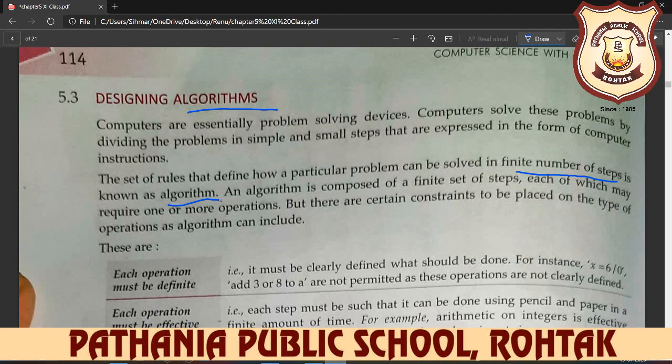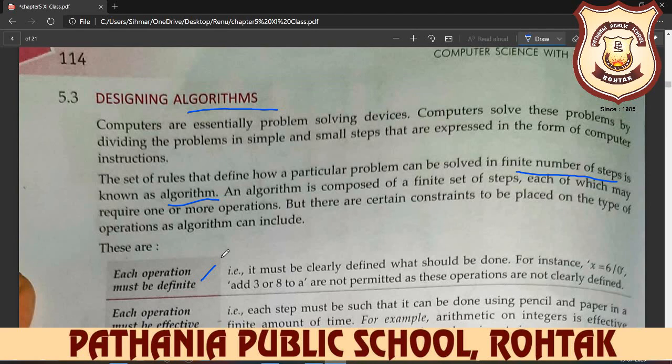In every step your operations are written, but there are certain constraints on the type of operation an algorithm can include. Each operation must be definite. It must be clearly defined what should be done.